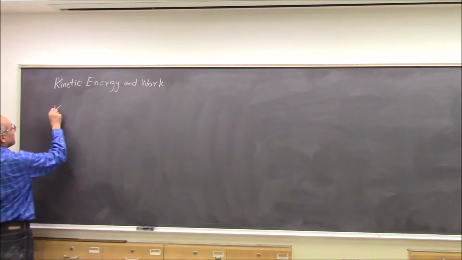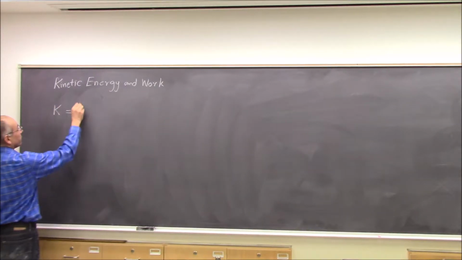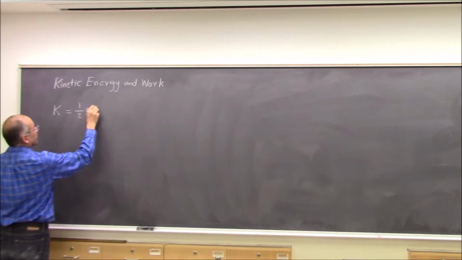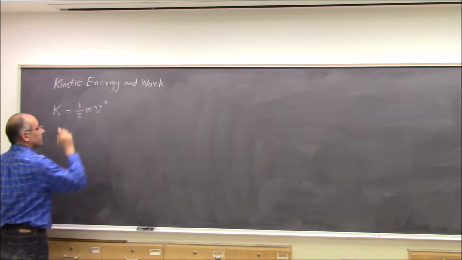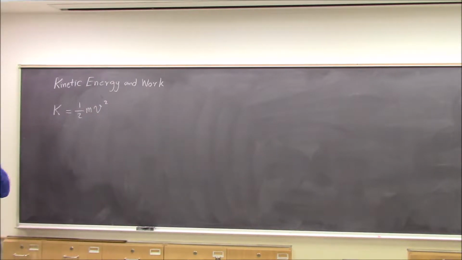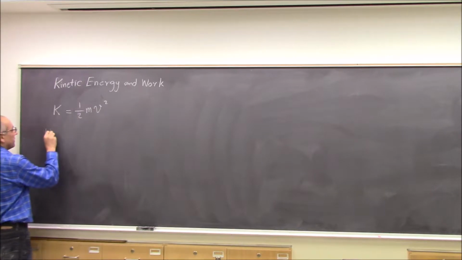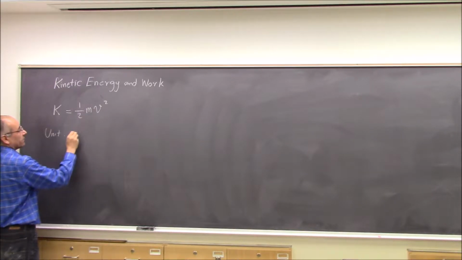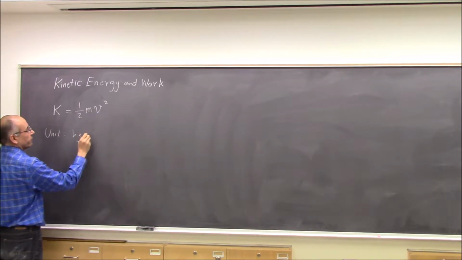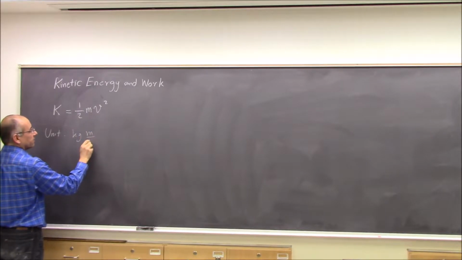Kinetic energy, denoted by capital K, equals 1/2 mv squared. If something has a mass m and is moving at a speed v, it has this much kinetic energy. That's the definition. What is the unit of kinetic energy? The unit of mass, kilogram, times the unit of velocity, meters per second, squared.